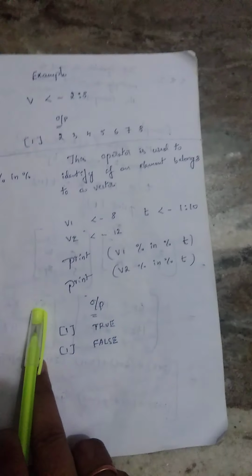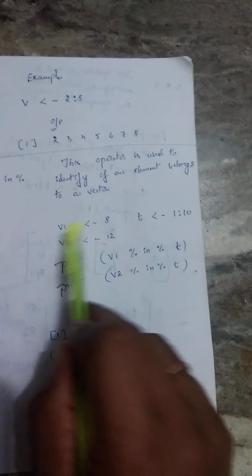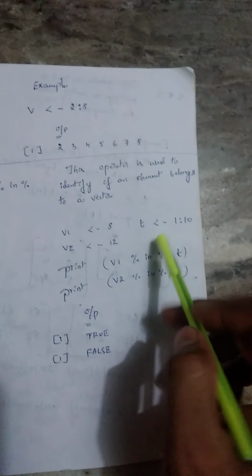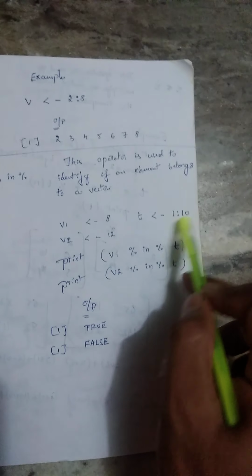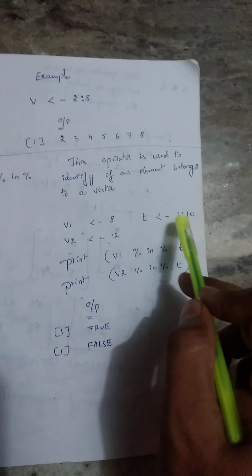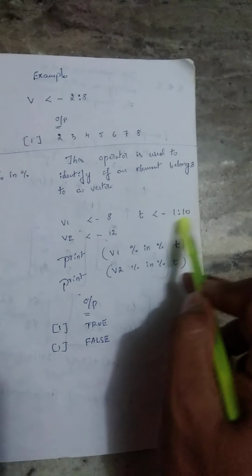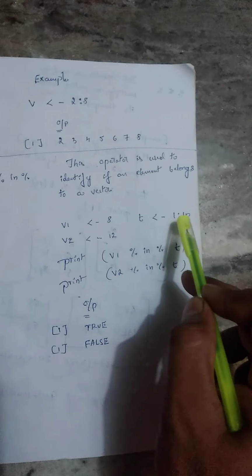In this example, within the v1 vector we are passing 8, in the v2 vector 12, and in the t vector we are assigning 1 to 10, that is 1, 2, 3, up to 10.